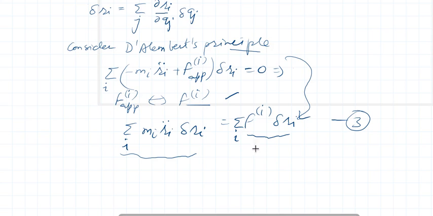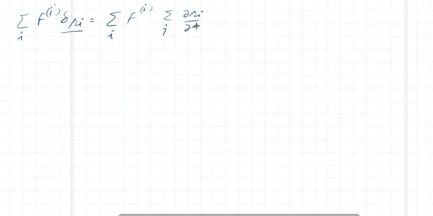So first of all, I will consider this part. Fi delta ri can be written as summation over i of Fi, and I have to substitute its value, the virtual displacement, as I have defined in earlier equations, that is summation over j of curly ri curly qj and delta qj, right?